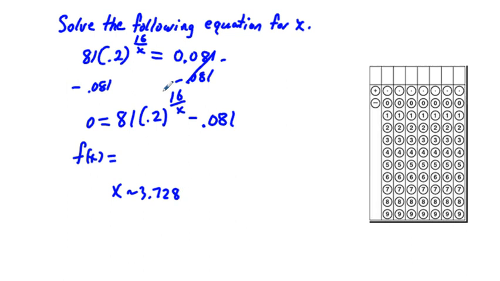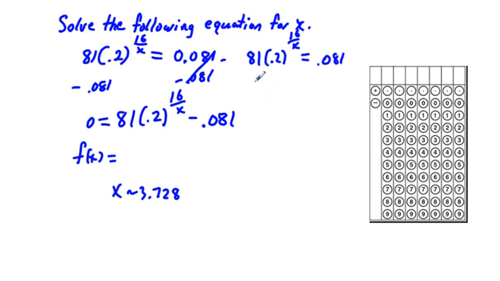And there's another way you can do it too, with this equation here. You can divide: 81 times 0.2 to the 16 over x equals 0.081.